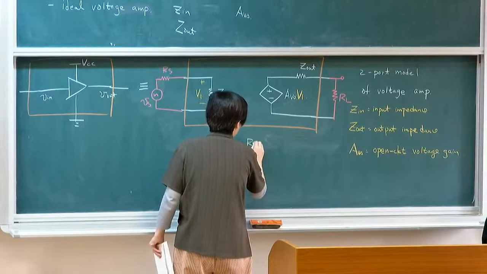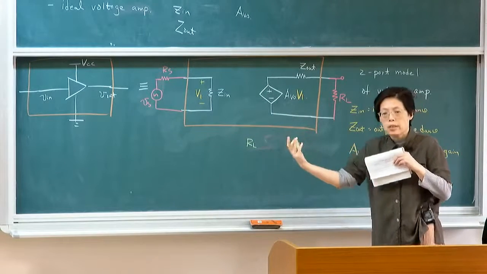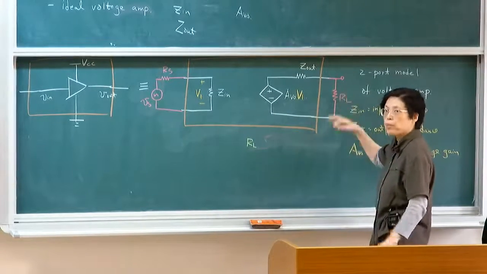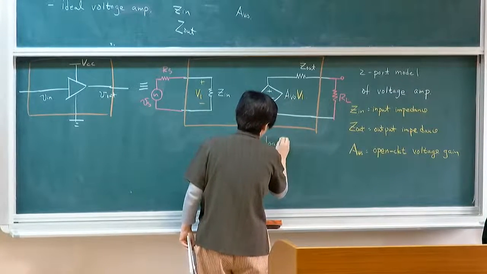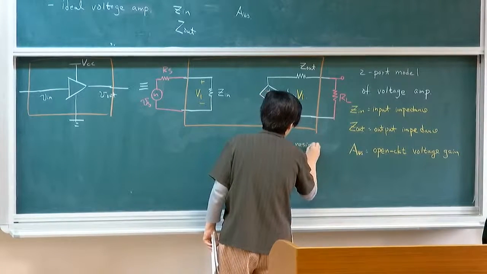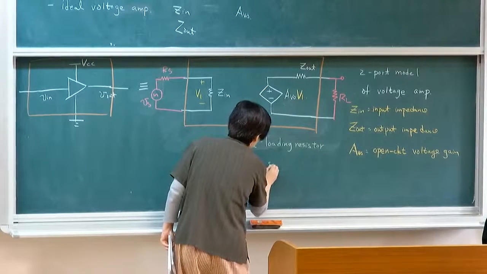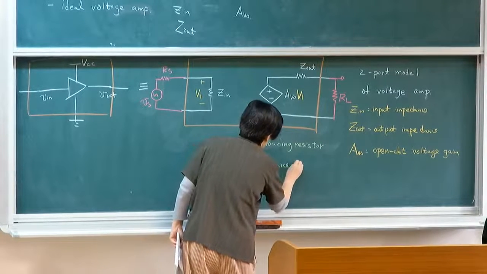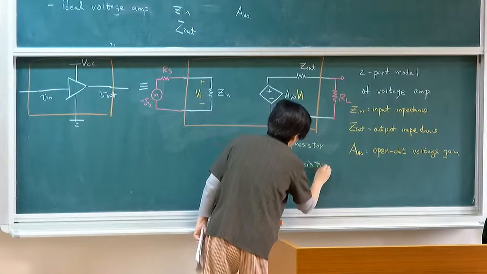So there are two things, depending on where your signal comes in and where the output is being delivered out. This is called a loading resistor, and then RS is the source resistor. So these are typical models for your input and outputs.